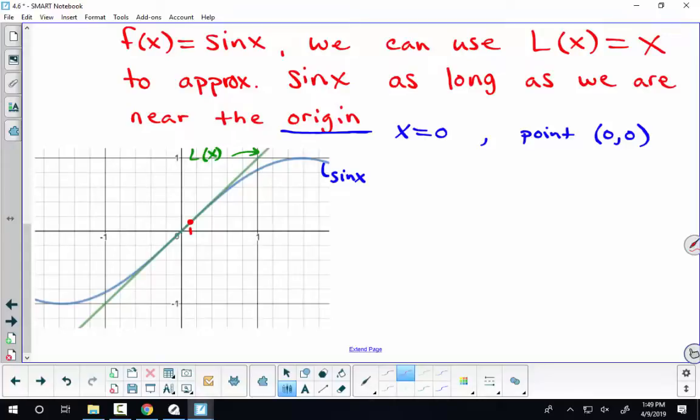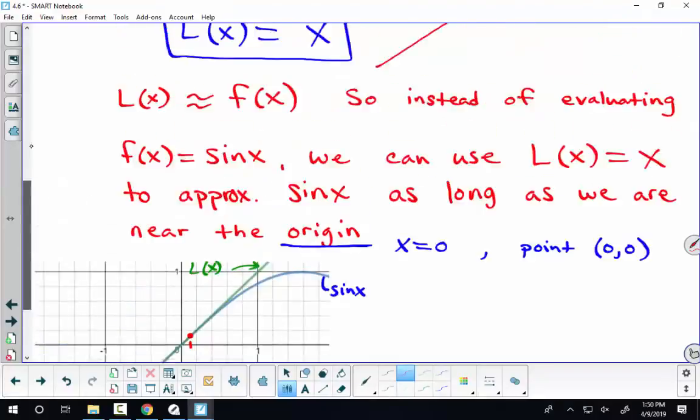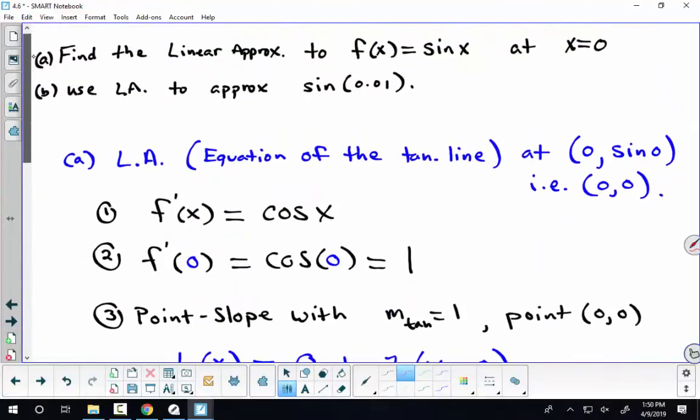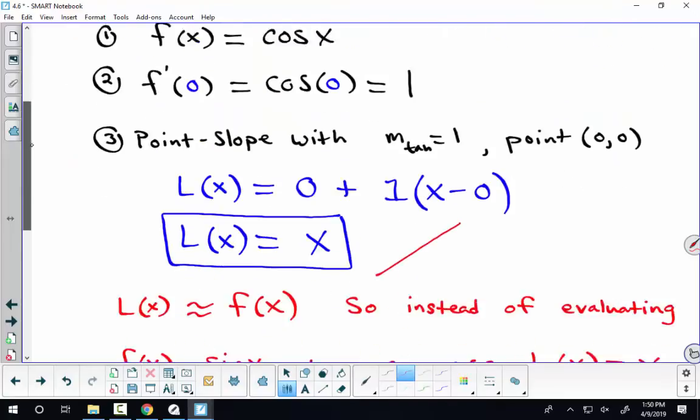They should be super, super close to one another. Are there any questions at this point? So now we're ready for part B.